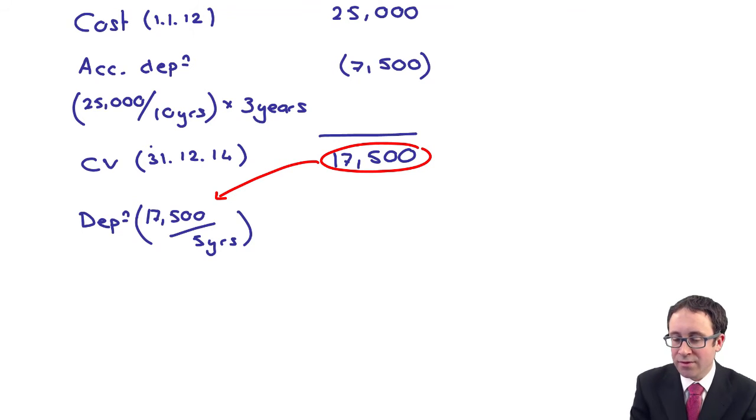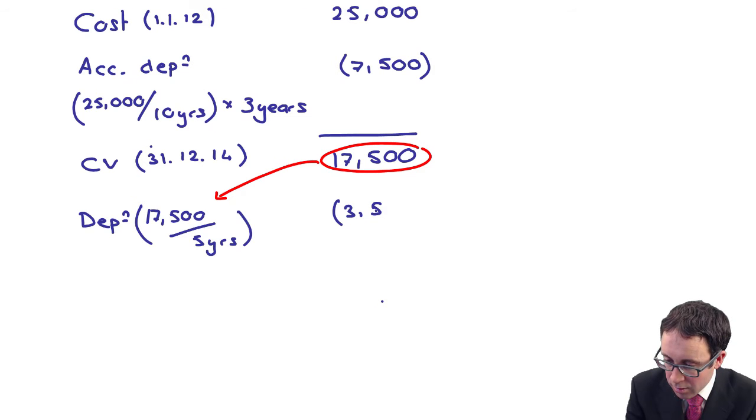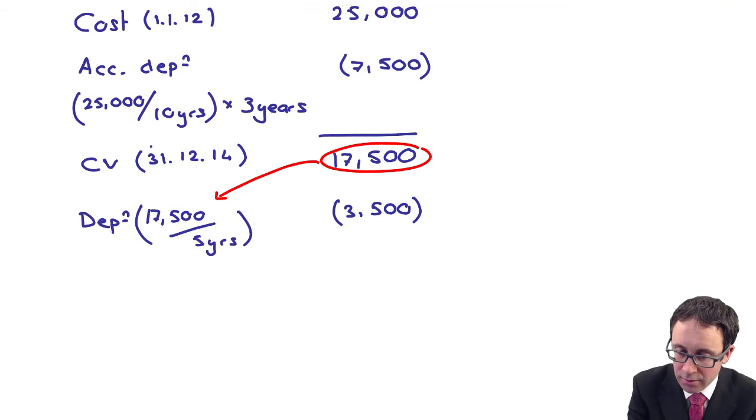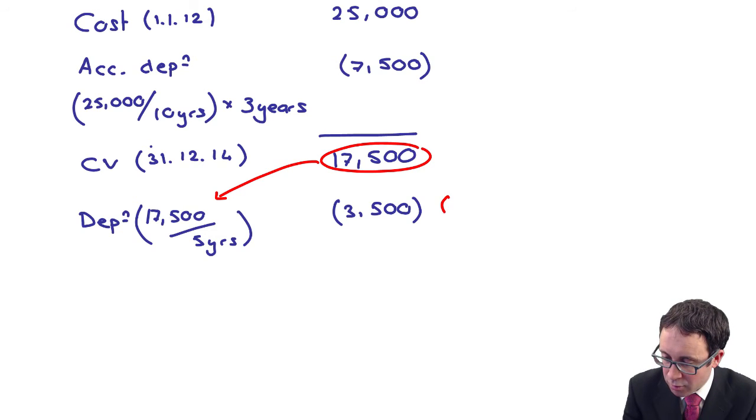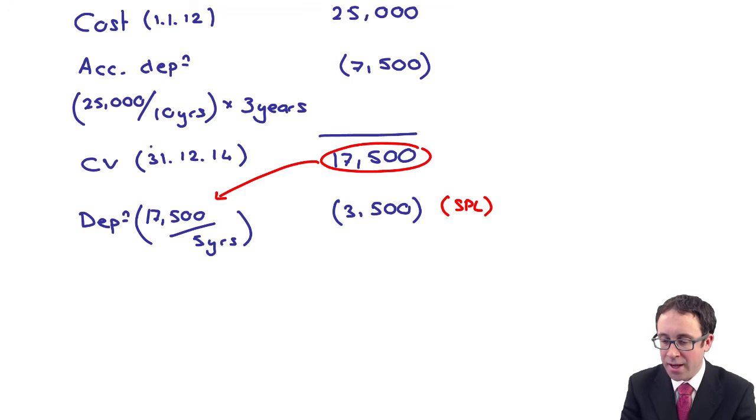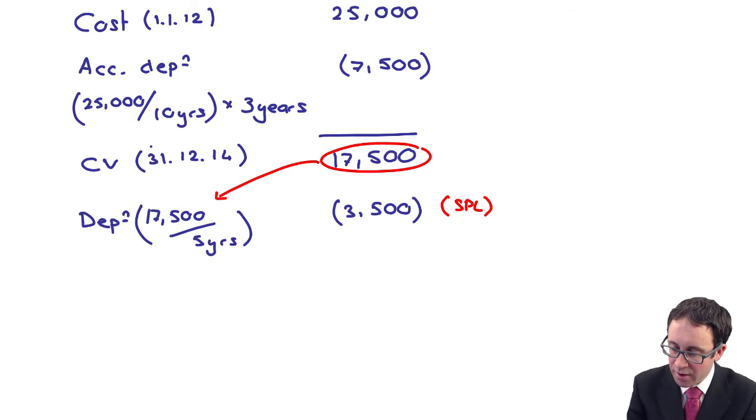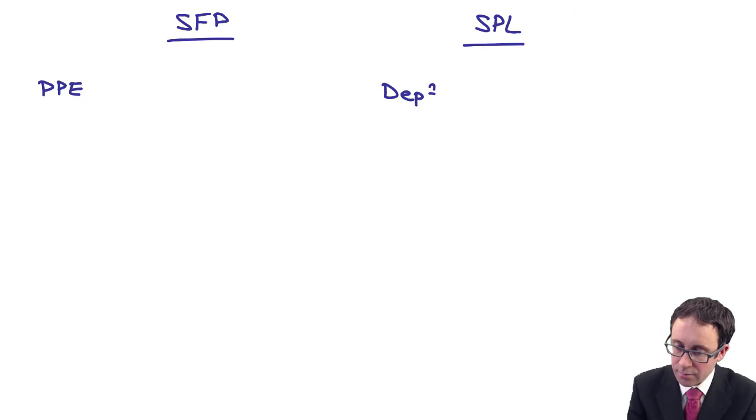If we go through there, 17,500 divided by 5 is 3,500. So that's my depreciation figure for the year. Okay. So 3,500 is my depreciation. So let's get that in whilst we can.